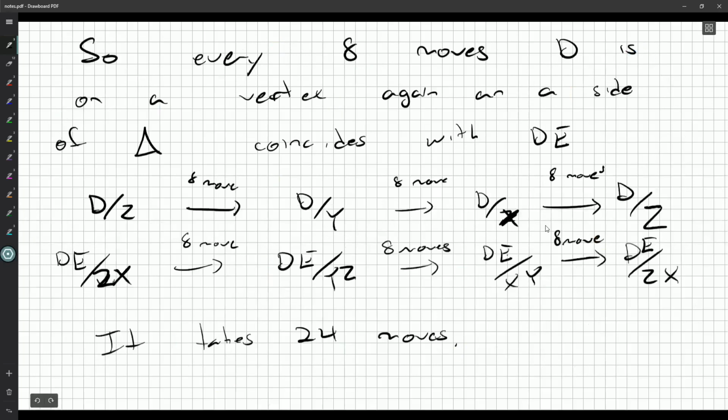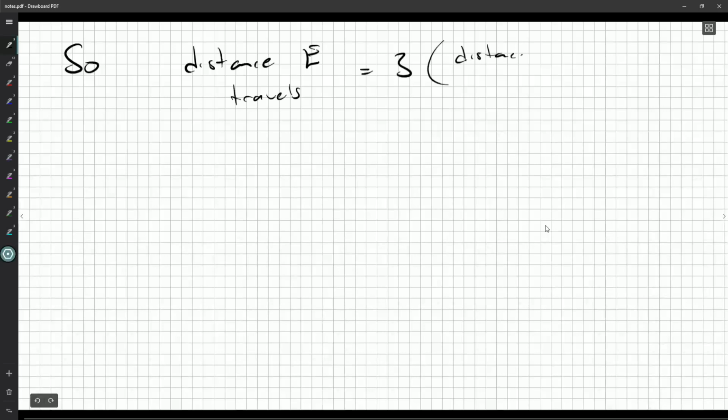So I think we can say the distance E travels is 3 times the distance E travels in 8 moves.